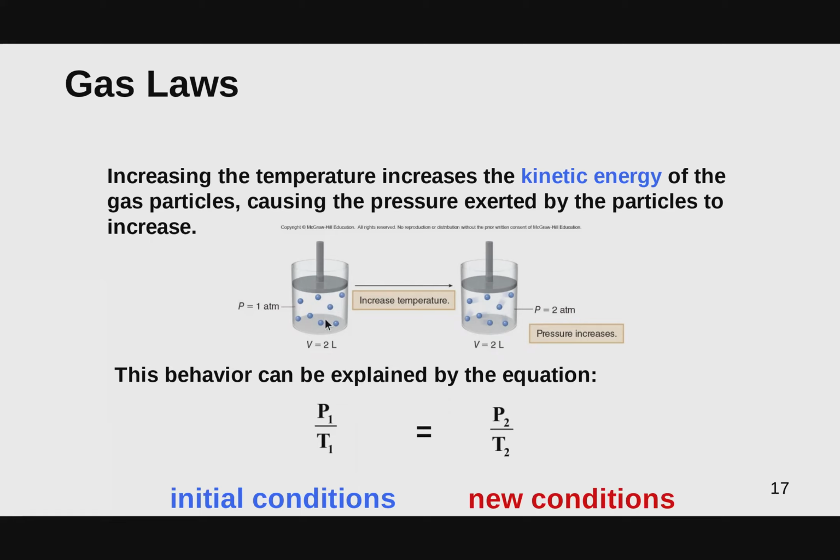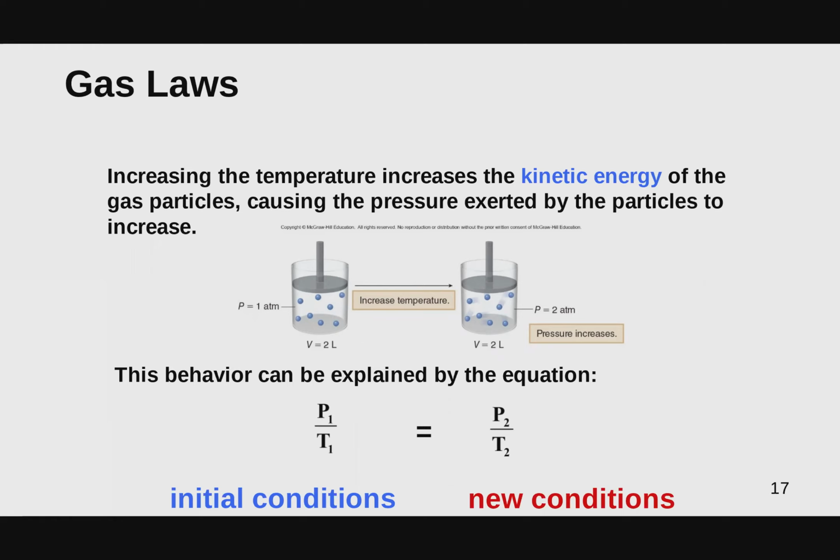As we increase the temperature, from a pressure of 1 atmosphere and a volume of 2 liters, but we hold volume constant, the pressure here should increase. Now, conceptually, why does the pressure increase? Well, remember, pressure in terms of a gas refers to those gas molecules bouncing off the container.